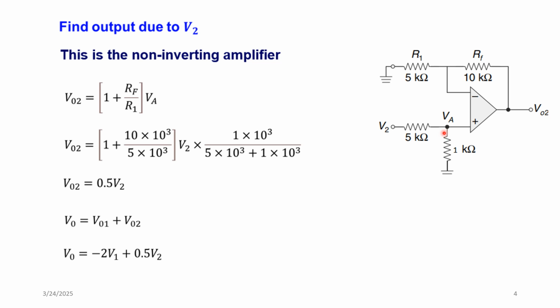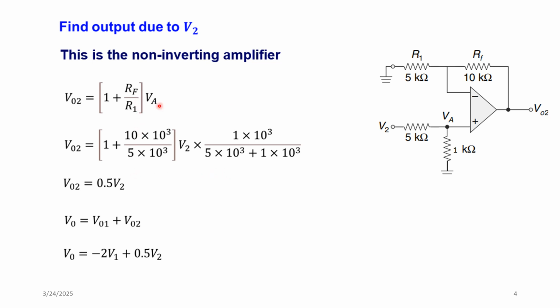So this point as VA means, you know that zero virtual ground concept. Okay, this potential also same potential. So I am going to substitute what is VA. Here this value of VA I am substituting V2 into this resistor 1K divided by 1K plus 5K.